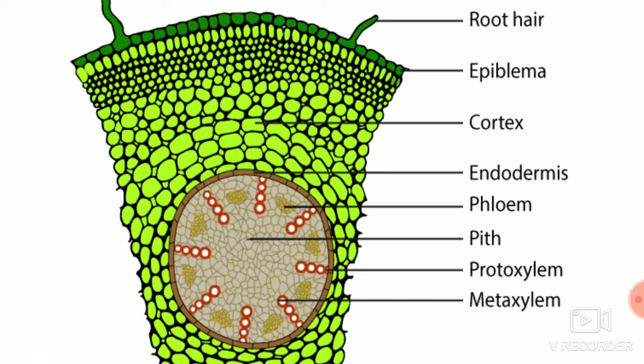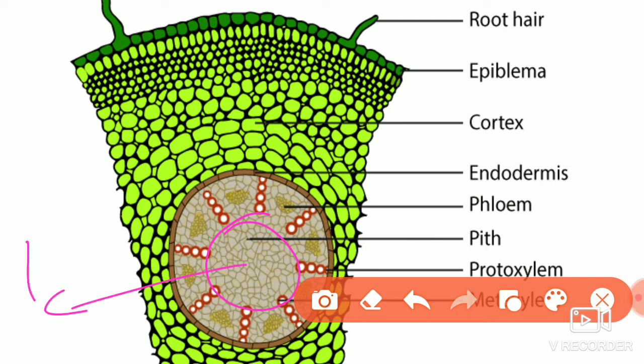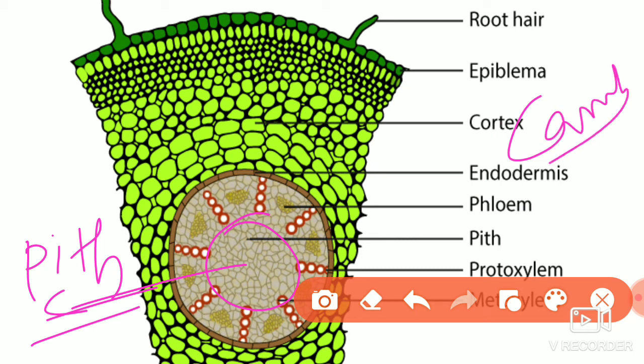But in the center part, you can see it is a little bigger. That region is called the pith region. The pith region is big in the monocot plant compared to the dicot root. And one thing, the cambium is absent.